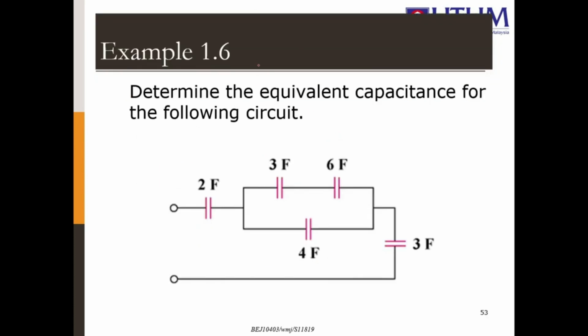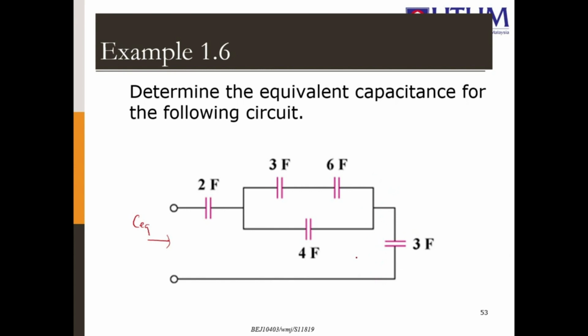Next, in example 1.6, let's determine the equivalent capacitance for the following circuit. Remember, if you are trying to find the C equivalent from this side, you need to do circuit reduction. That's the best way to determine the equivalent capacitance if you're given the circuit itself.